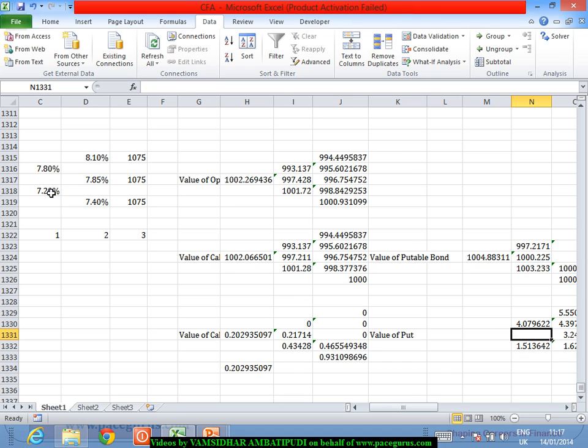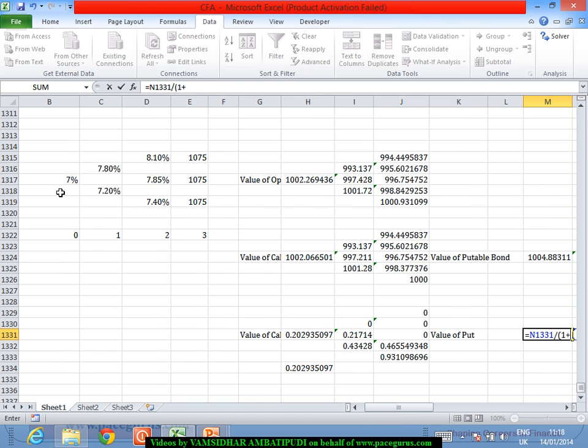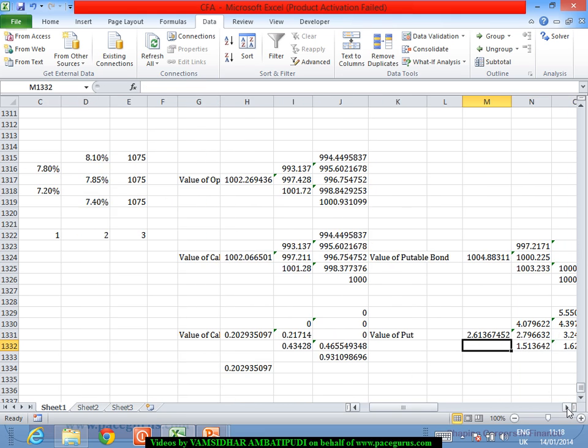So based on these two I get an expected value, which is 0.5 times 4.07 plus 0.5 times 1.51. Again I can take the present value of this option by discounting it at the rate of 7%. So this is the value of the put option.